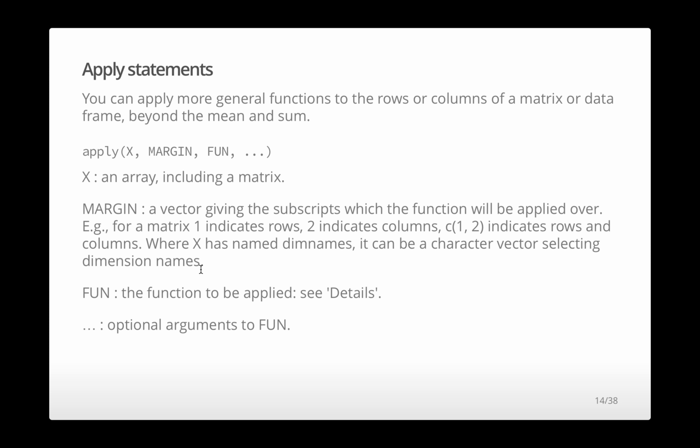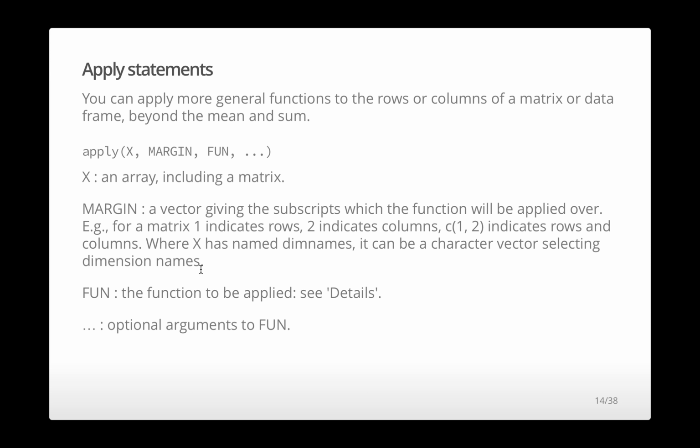If margin is the number 1, I want to do something over rows. If it's the number 2, I want to do something over columns. It always goes row, column. If you think of the way subsetting works, row is the first indicator, column is the second. That's what margin means, 1 or 2.